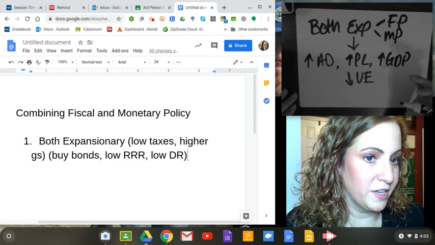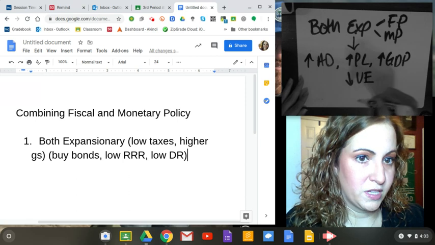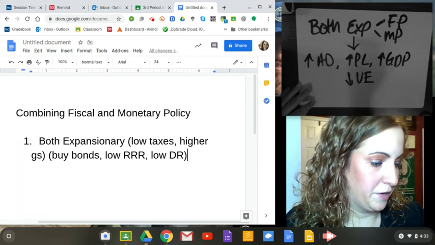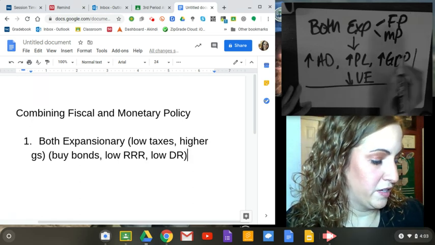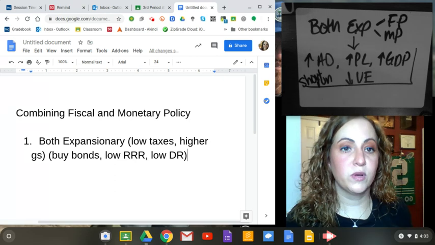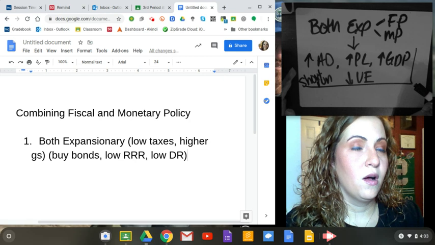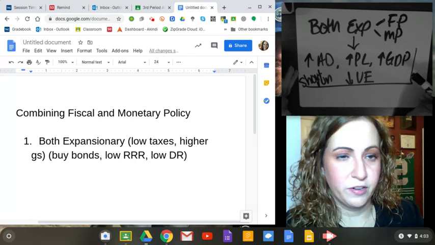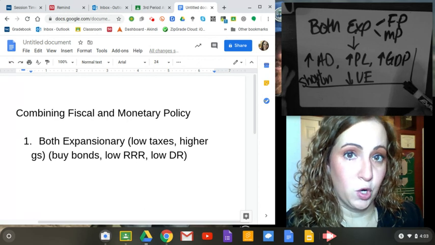If they're both expansionary, this is what's going to happen, and this is all short run effects. And here's what gets tricky. If they're both contractionary or both expansionary, you know what happens in the short run.